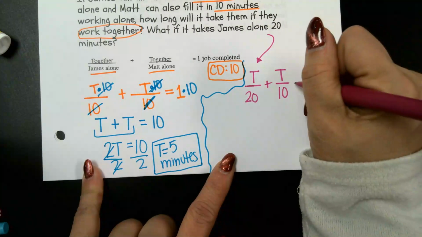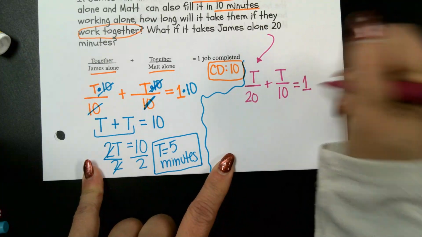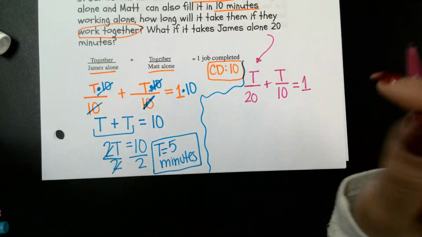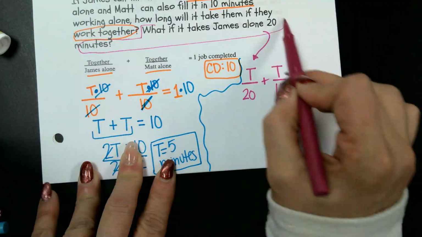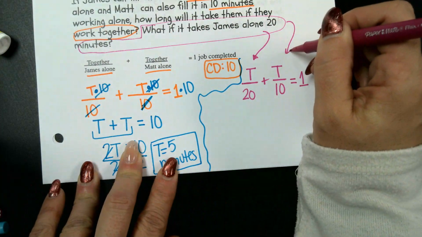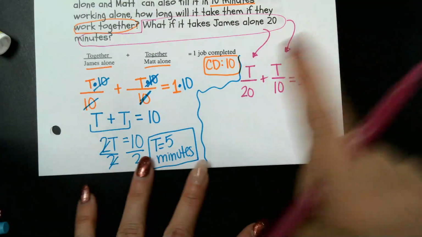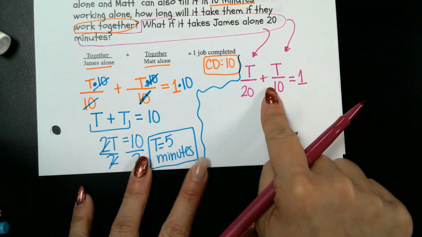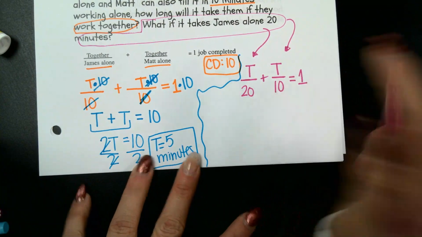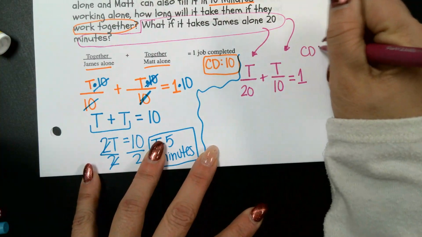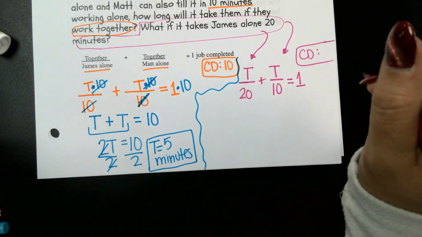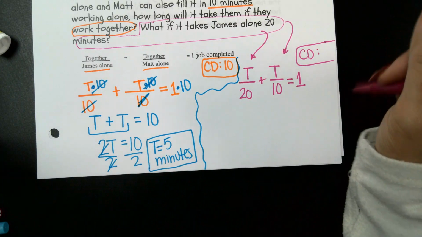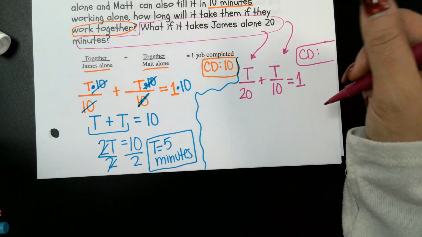He's going to work the 10 minutes, and then we're going to set it equal to 1 total job. This second part of the problem I am working out over here. This is James, this is Matt. Okay, let's talk about a common denominator for a 20 and a 10.